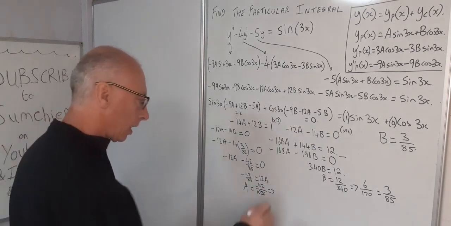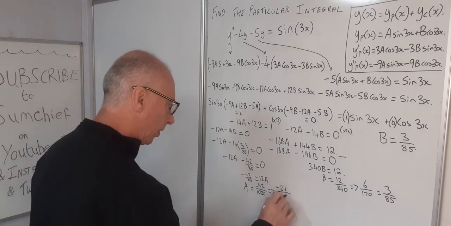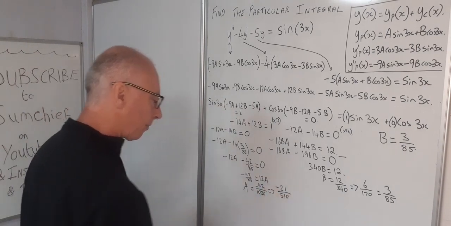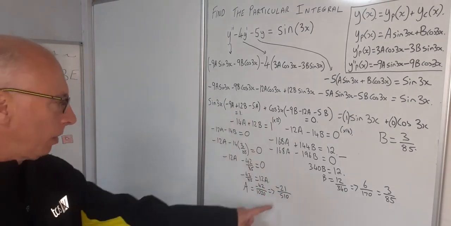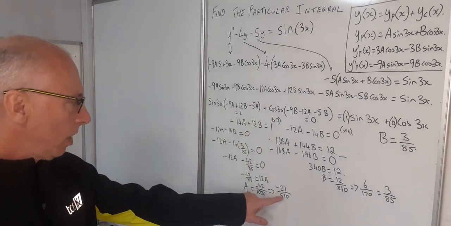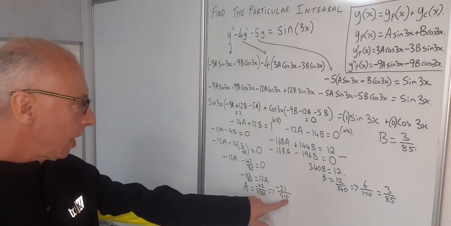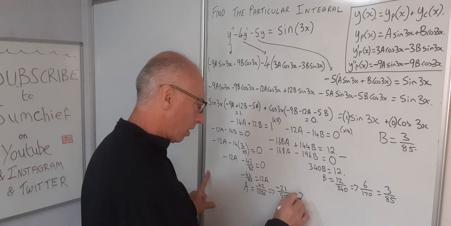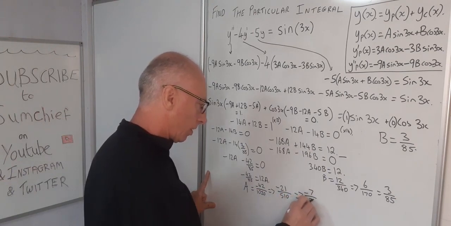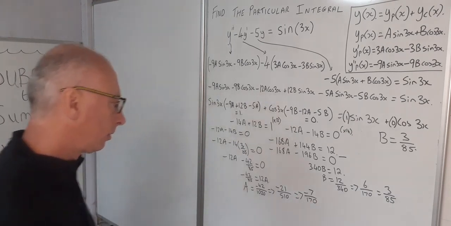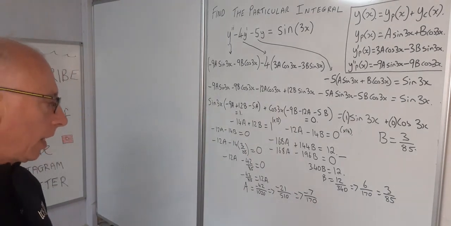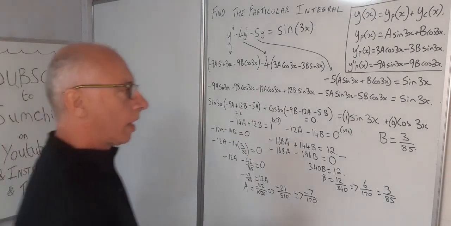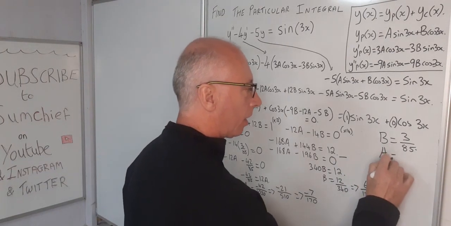Don't want to make a mistake. So minus 21 over 510. And now we've got both divisible by 3. So now I've got minus 7 over 170. Okay, that's looking good.